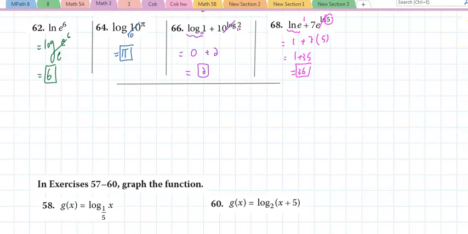Okay, now, if I take y equal a to the x, I know that's an exponential function.